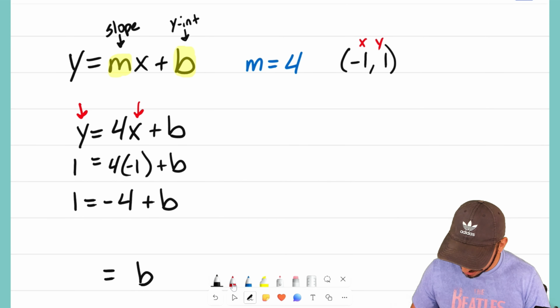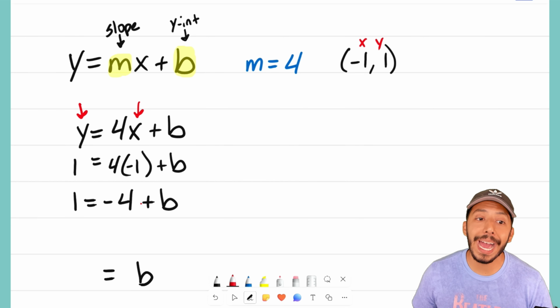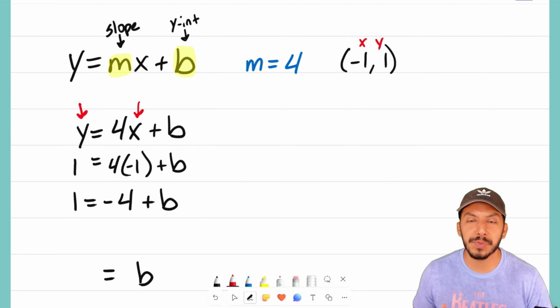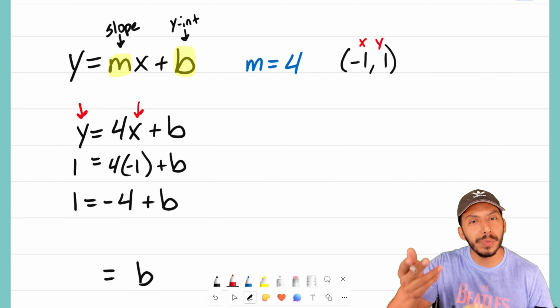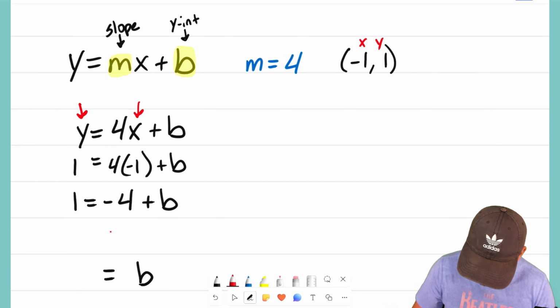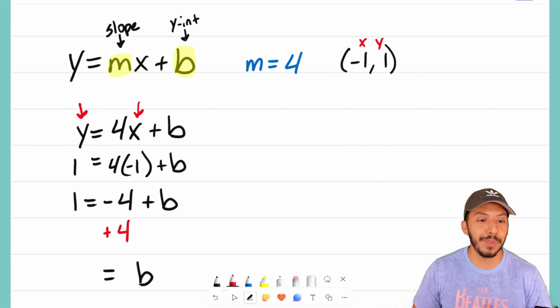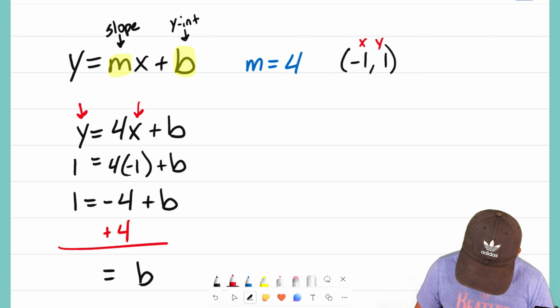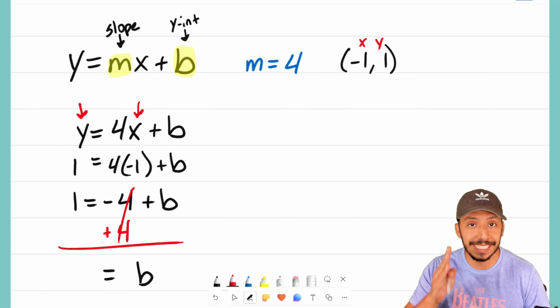Well, to get b by itself, right now there's a -4 being added to our b term. So I want to do the opposite of -4. To do the opposite of -4, I just need to add 4. And if I add 4, those are going to zero out, and now we're good, right? I'm good because now b is the only thing left on the right side, because that -4 and +4 zero out.